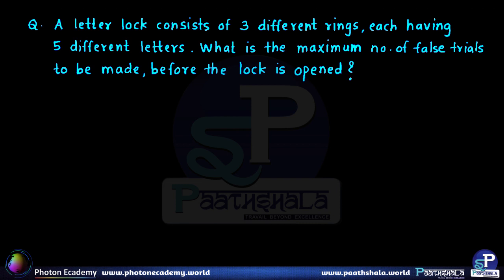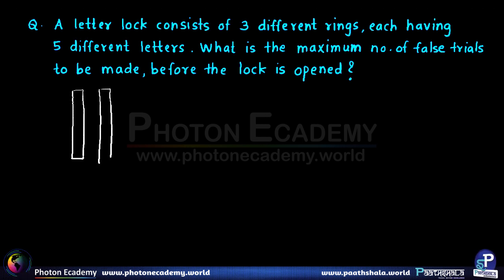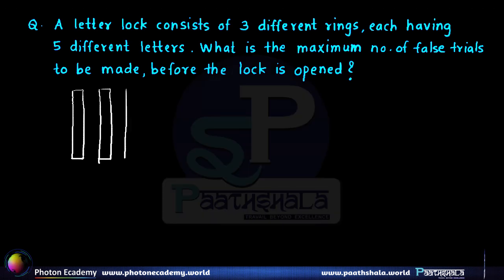As we know, we must have seen the combination lock on suitcases, which has different rings which we can rotate and bring in one of the combinations of letters to try opening the lock. So if we show that by this simple diagram, let's consider that there are 3 rings as mentioned in the question.